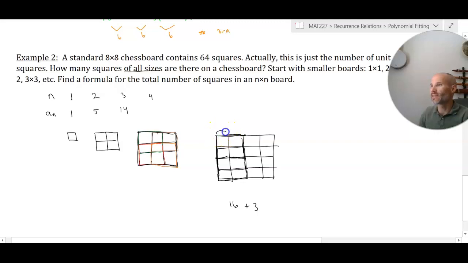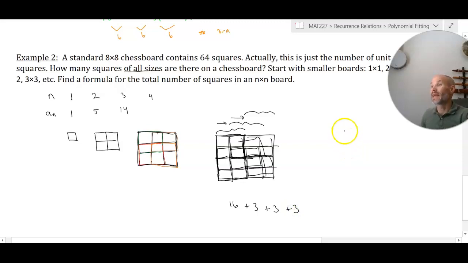Now imagine that we take this entire thing and we just shift it over 1 square. So now we're focusing on the middle stack. And again, we'll have 1, 2, 3. So we'll have 3 more there. And then we can take that entire thing and shift it over 1 square. And then we'll have 3 more here. 1, 2, 3.